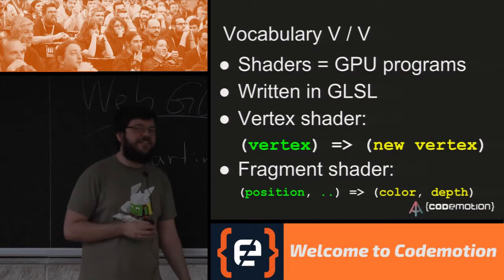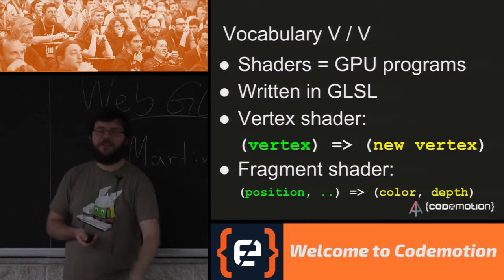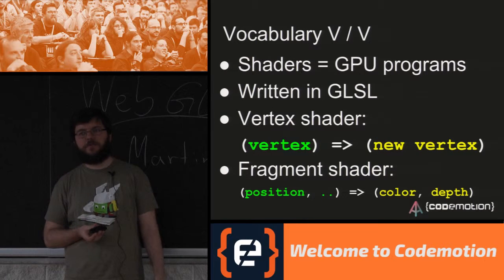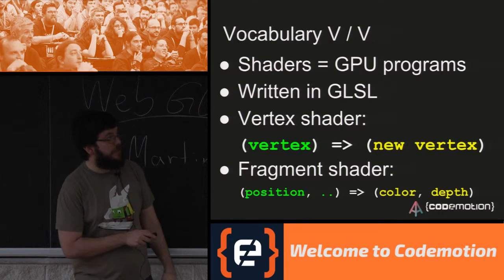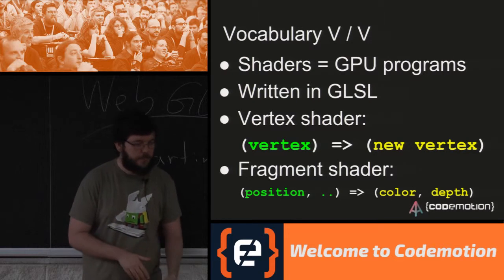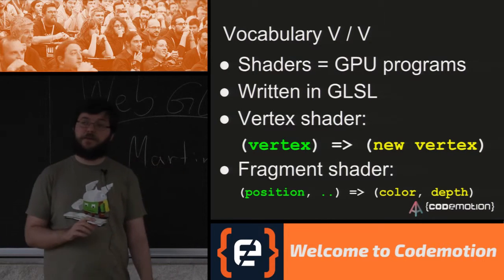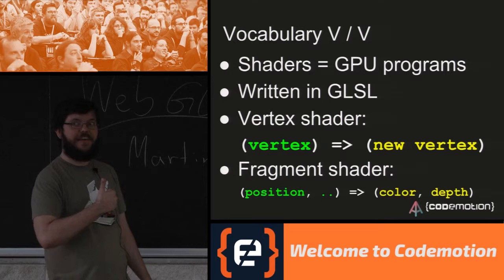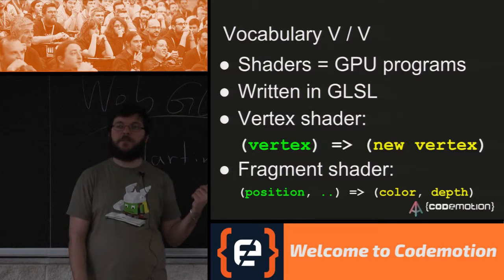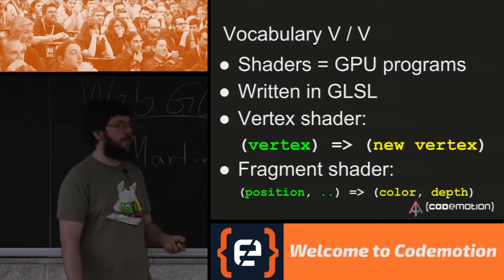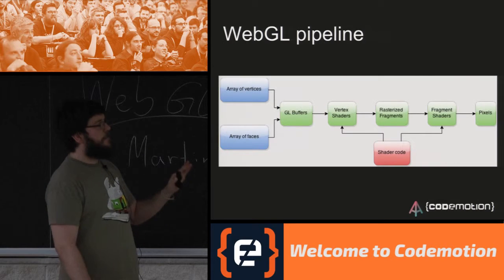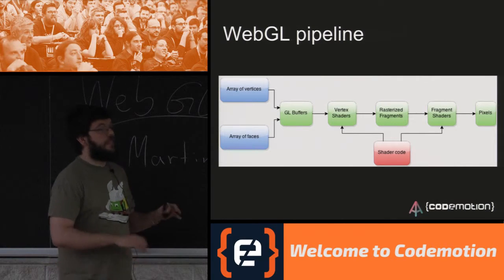You can't write it in JavaScript though. You have to write it in a different language called GLSL, for GL shader language. But it's not too complex. Highly recommend looking into that. Fun stuff. And the best thing is when these are buggy, it looks pretty. Win-win. And this is what we get from WebGL. This is called a pipeline.